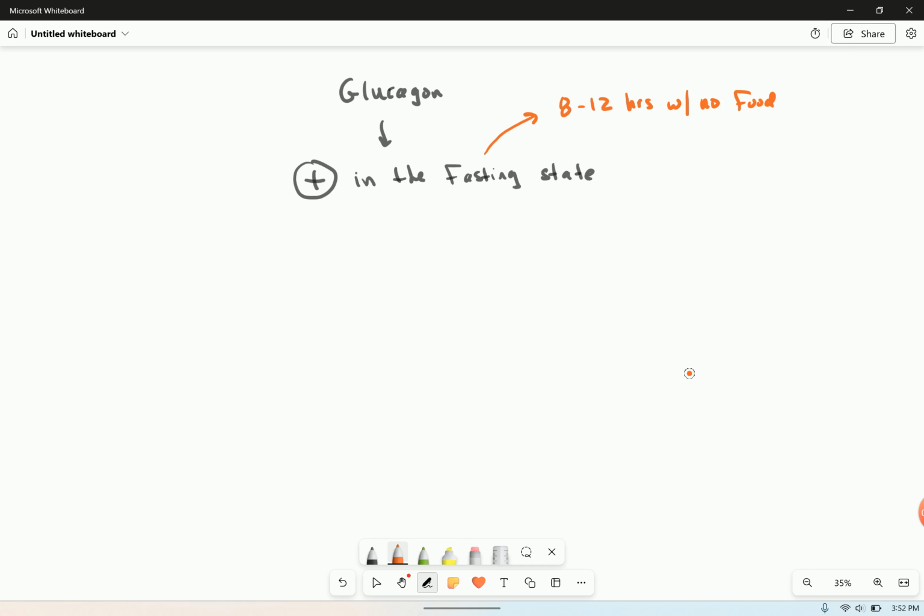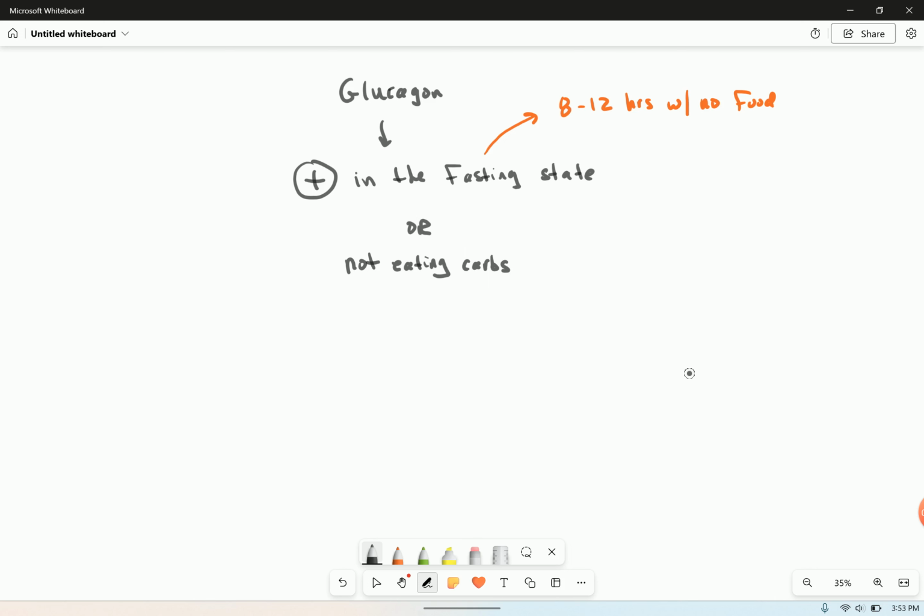So after that 8 to 12 hours or longer of no food, and then you consume food, now you have broken the fast. Glucagon is activated in the fasting state, or when not eating carbs. That one actually gets into the keto diet.